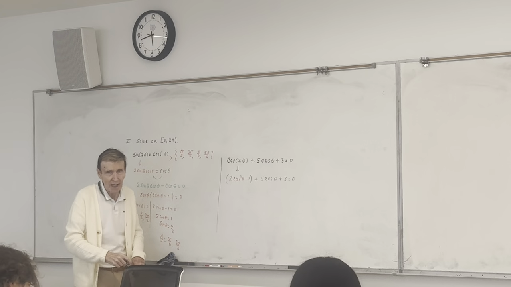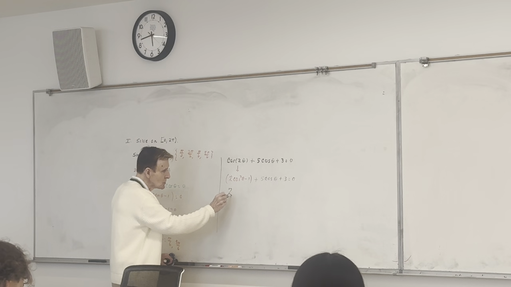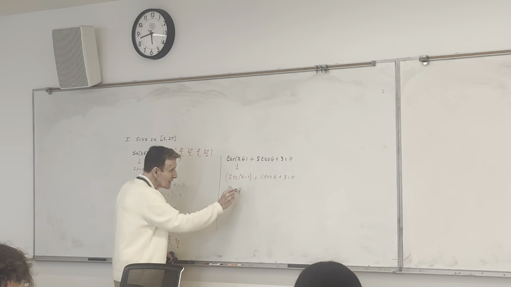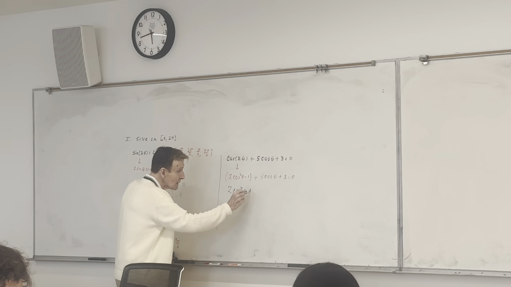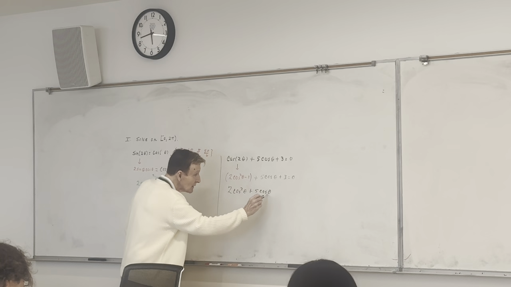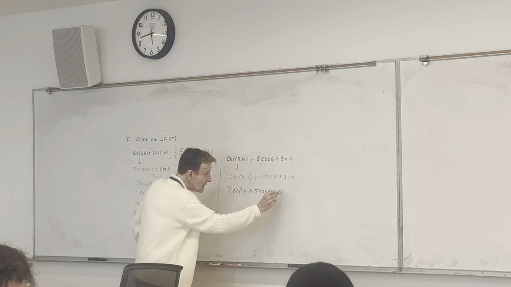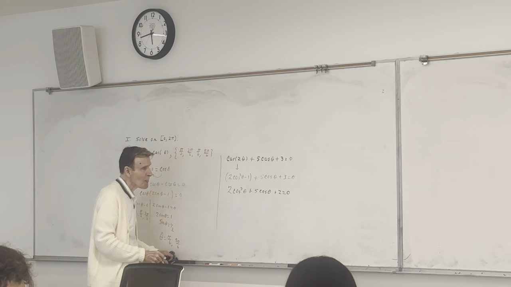Everything's in terms of cosine. Guys, this is going to be a nice little quadratic. Let's rearrange to make it look like a quadratic: 2 cosine squared theta plus 5 cosine theta. My numbers, negative 1 plus 3 gives me a plus 2.